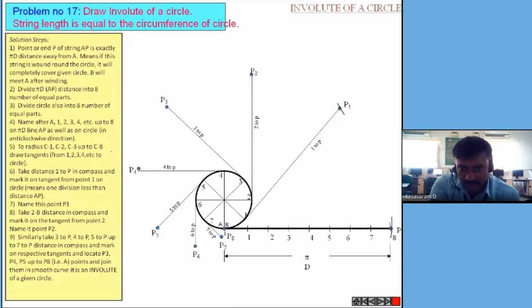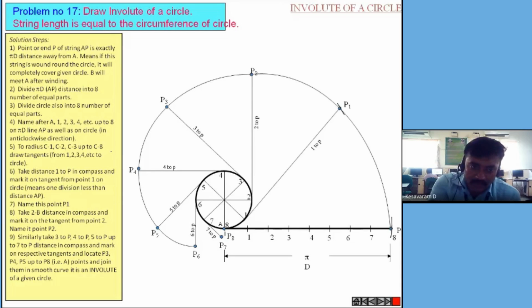Okay, now using your H pencil, you can draw a curve by connecting all these 8 points. All other lines should be drawn using your 2H pencil only.